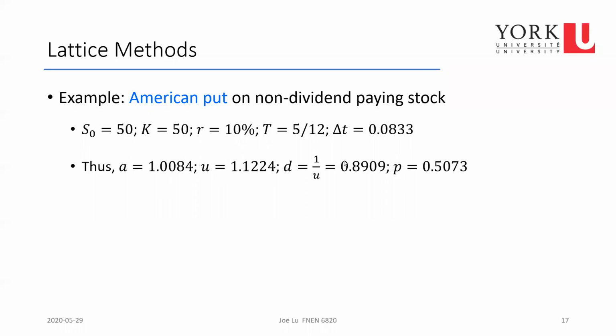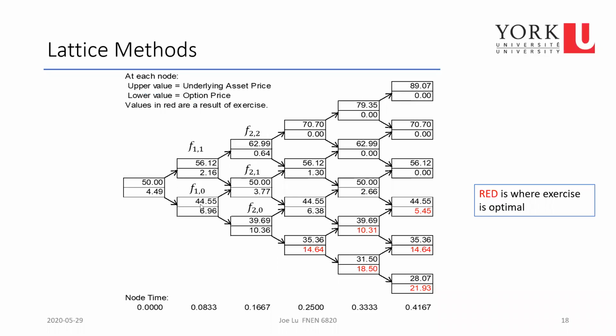And if we have 50 multiplied by 0.8909, it will give us 44.55. And then we can continue to multiply by U, multiply by U, and so on and so forth. So we can construct what the stock price is. The upper numbers here are the stock prices that we generated under the binomial tree here.